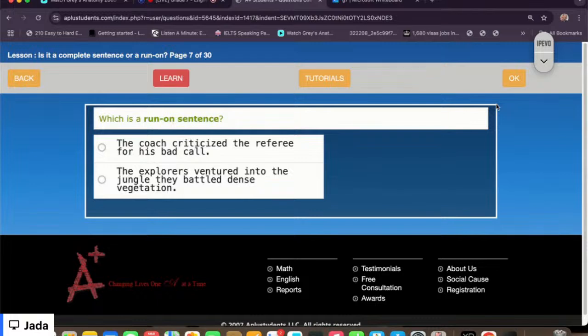So, which is the run-on sentence here? Okay, so we have the second.